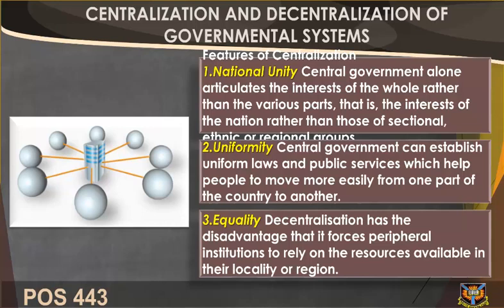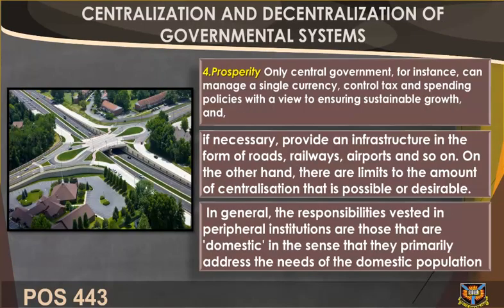3. Equality. Decentralization has a disadvantage in that it forces peripheral institutions to rely on the resources available in their locality or regions. 4. Prosperity. Only central government, for instance, can manage a single currency, control tax and spending policies with a view to ensuring sustainable growth and, if necessary, provide an infrastructure in the forms of road, railways, airports, and so on.